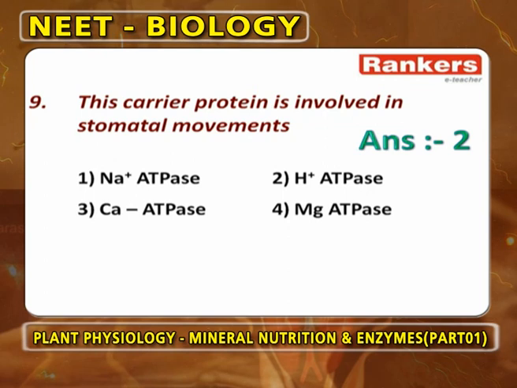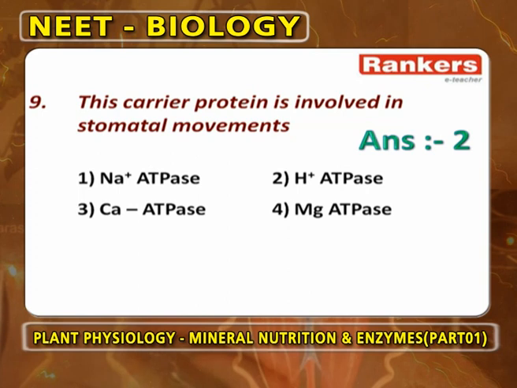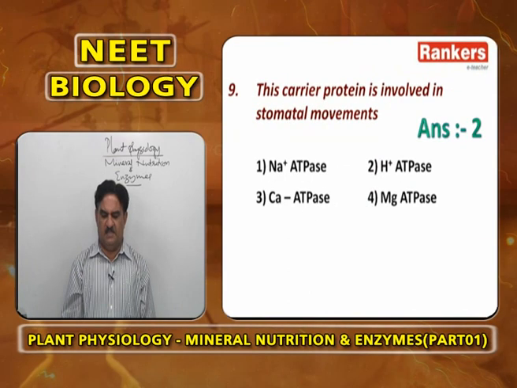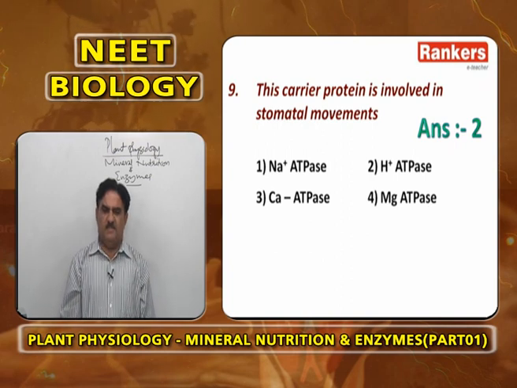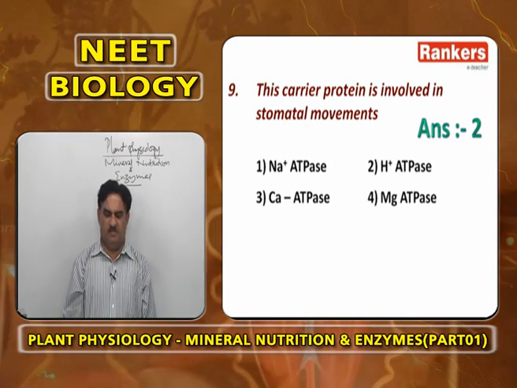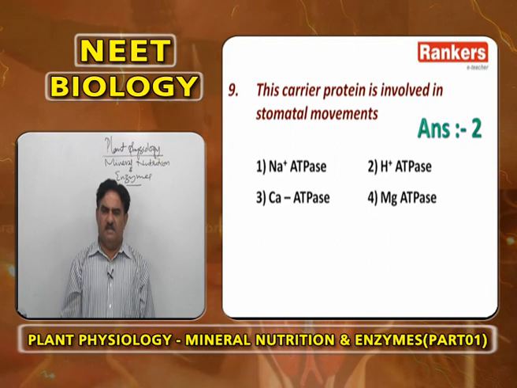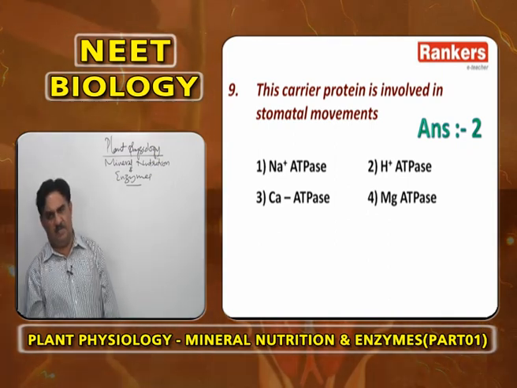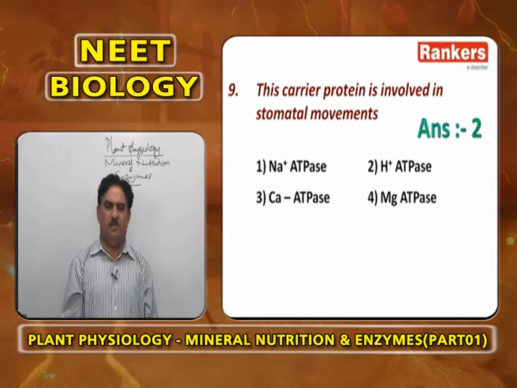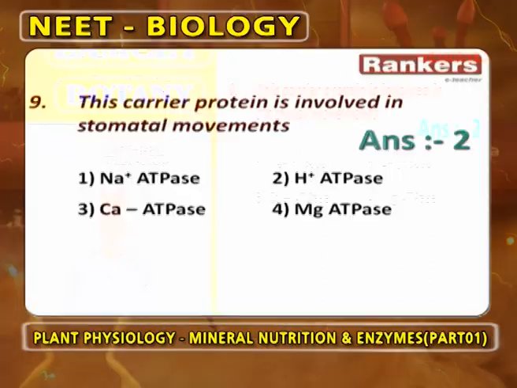The carrier protein that is involved in stomatal movements is always H plus ATPase. By hydrolyzing the ATP, they take protons from inner space to outer space to maintain a proton gradient, so that protons again move back with the help of carriers, showing co-transport with symport and antiport.